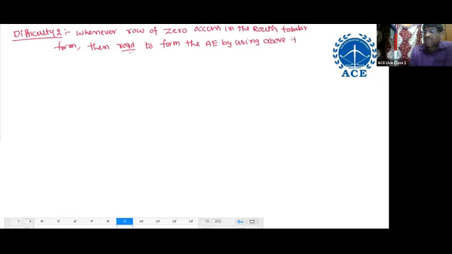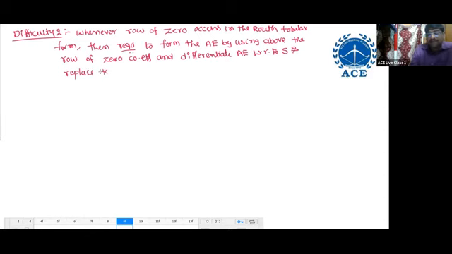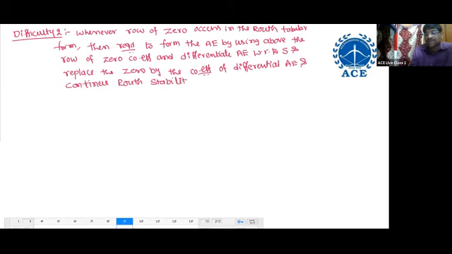Then differentiate the auxiliary equation with respect to S, and replace the 0 by the coefficients of the differentiated auxiliary equation, and continue Routh stability.